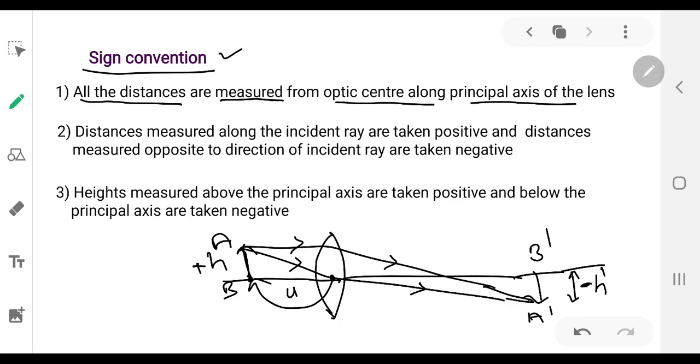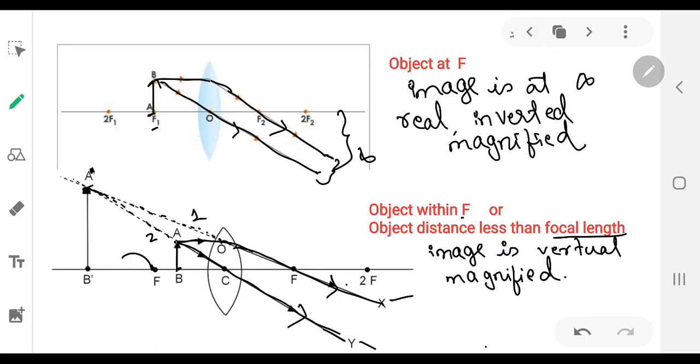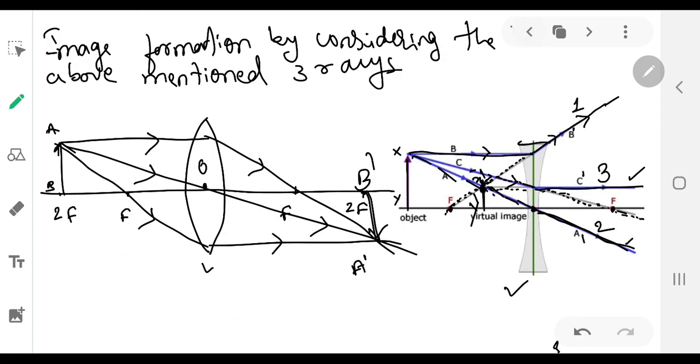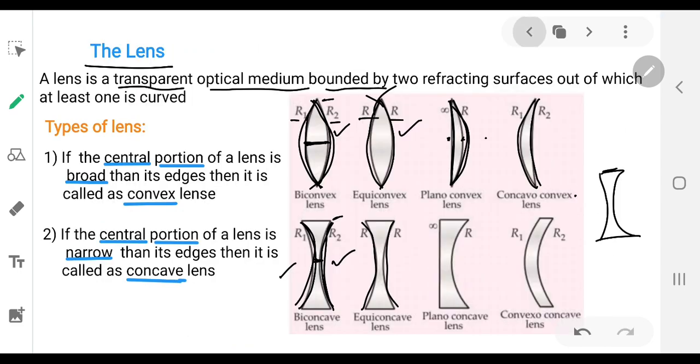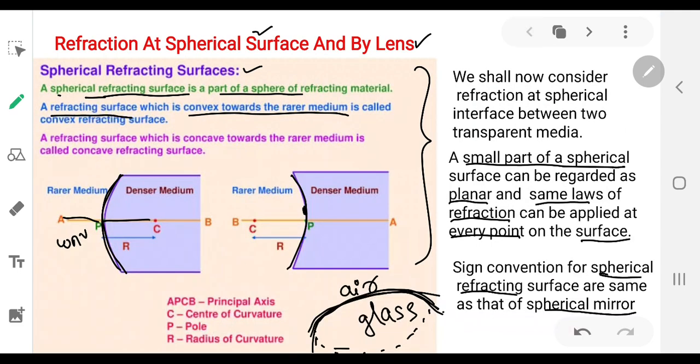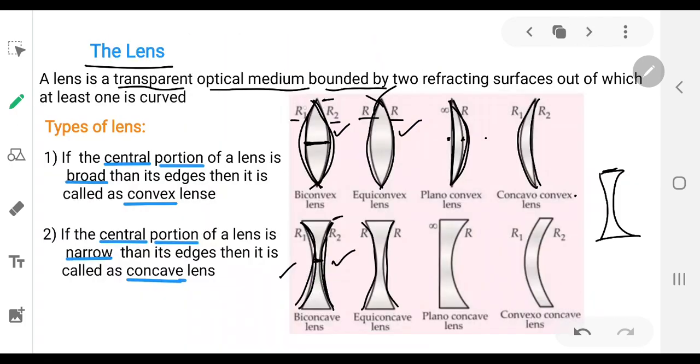So this is all about today's session, that is refraction at a spherical surface, one refracting surface, and the terms related to it. If there are two refracting surfaces, then it is called a lens, and types of lens are a sub-classification.